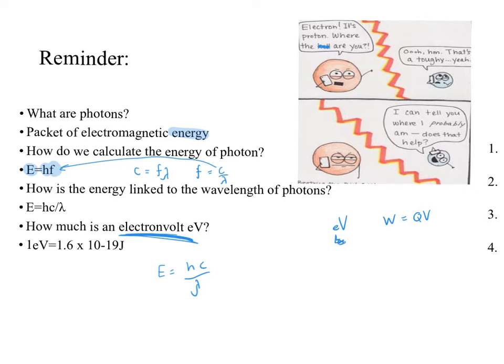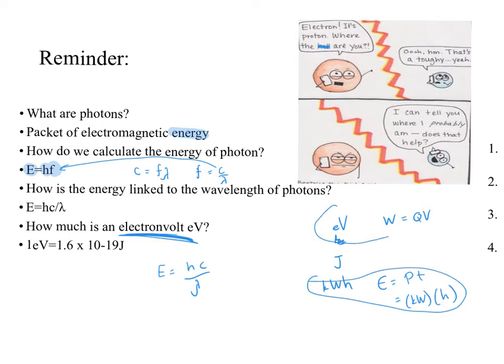Then we have the normal energy unit, joules, for quite normal size values, and then we have the kilowatt hour, which is power times time basically, but in terms of the power being in kilowatts and the time being in hours. And that's used for huge amounts of energy that are used at home. So when it has to do with extremely small amounts of energy, we look at electron volts.